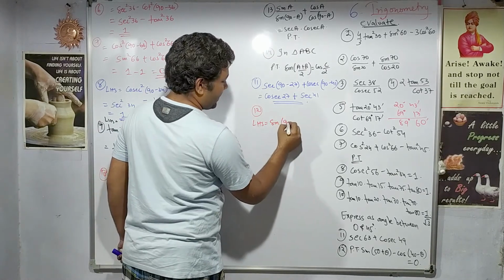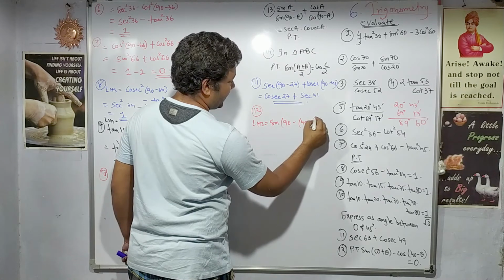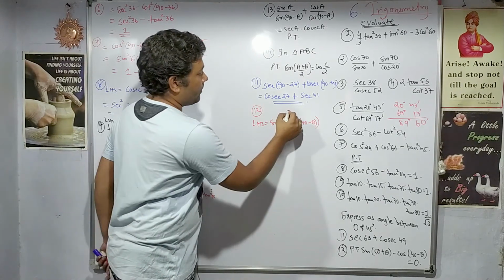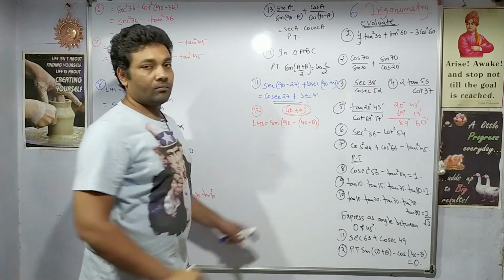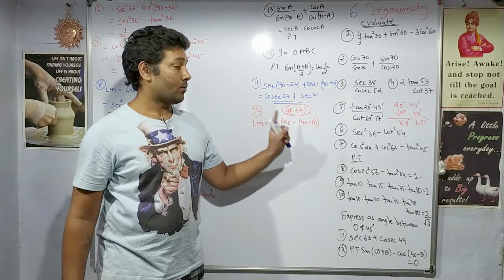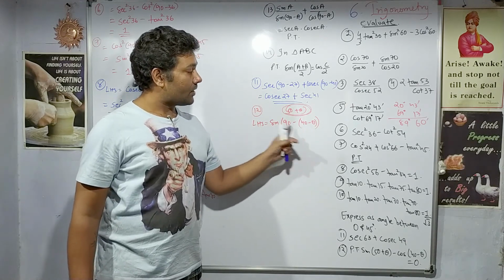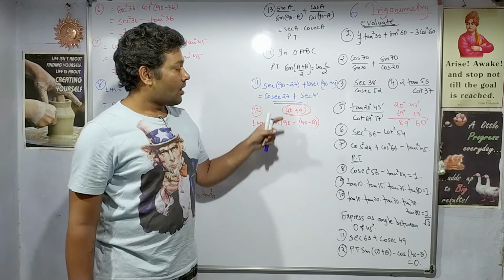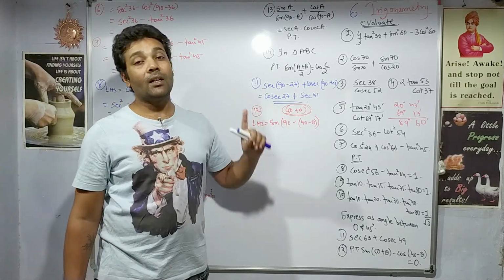This can be written as sin 90 minus 40 minus theta. Just see, 50 plus theta, right? This thing I have converted in the complementary format. You have to be very careful in the conversion. If you simplify this, definitely you are going to obtain the first one.